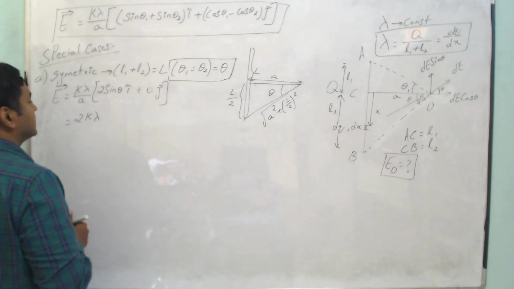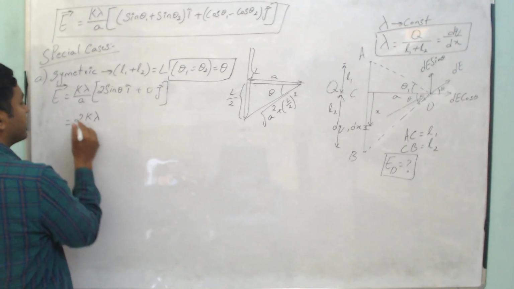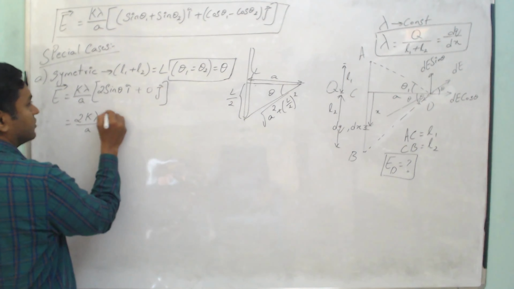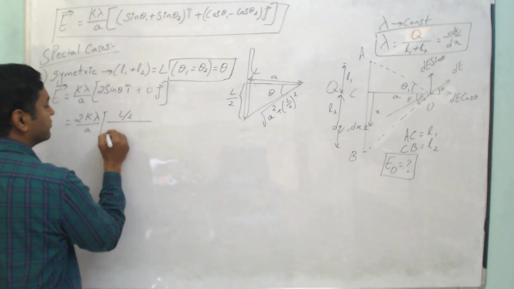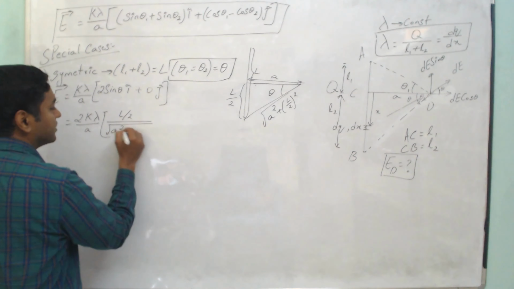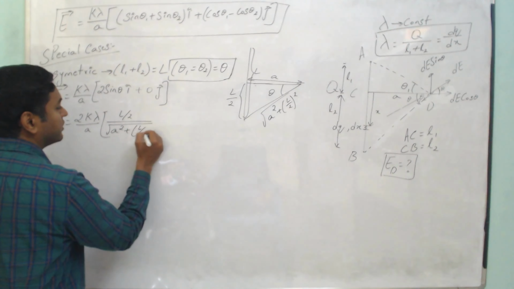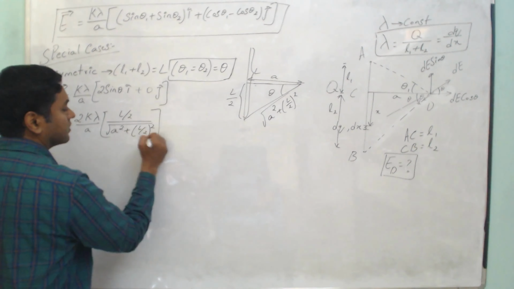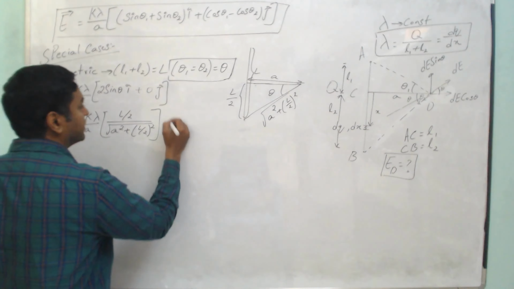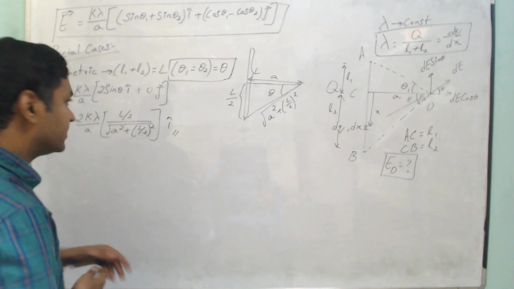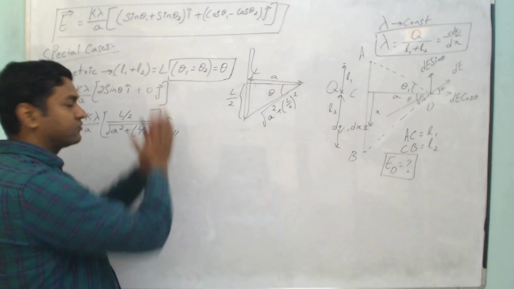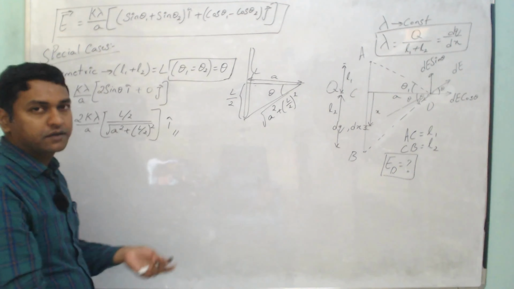So basically I have 2k lambda by A into sine theta, which is L by 2 divided by under root of A square plus L by 2 whole square. And this is my i cap. Correct? Yes, sir. In yesterday's problem, it was in the upward direction, so this becomes j cap over there.